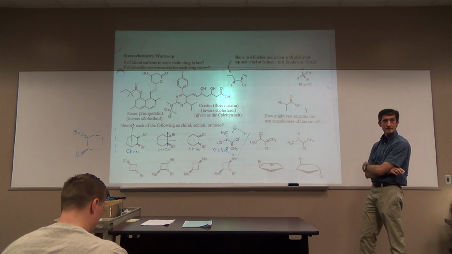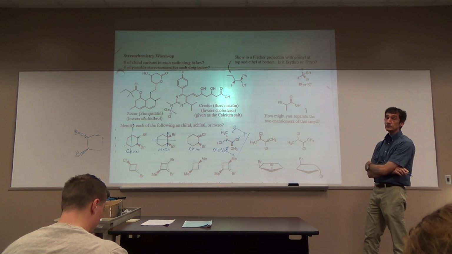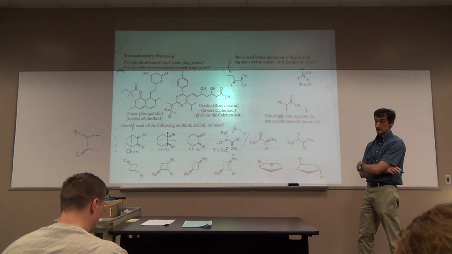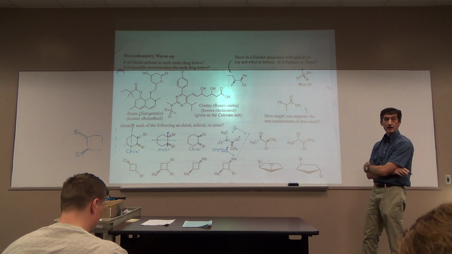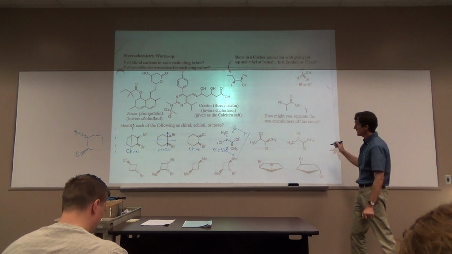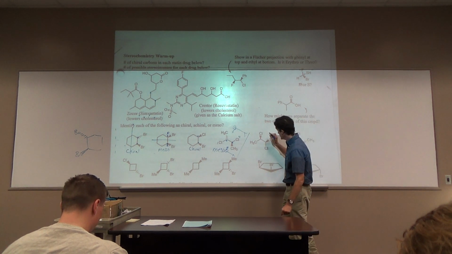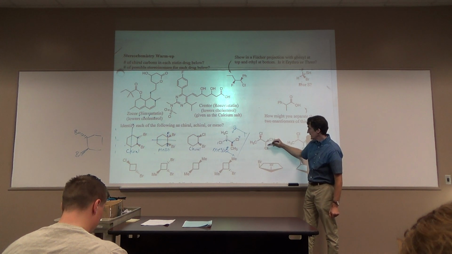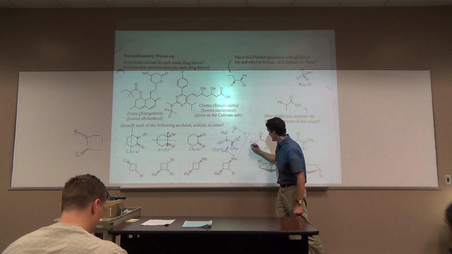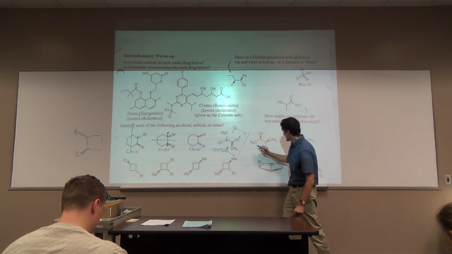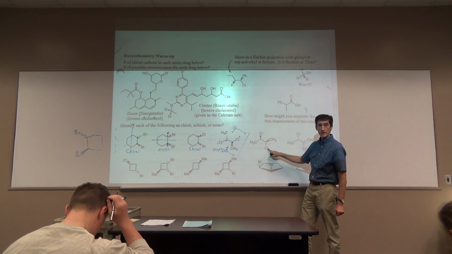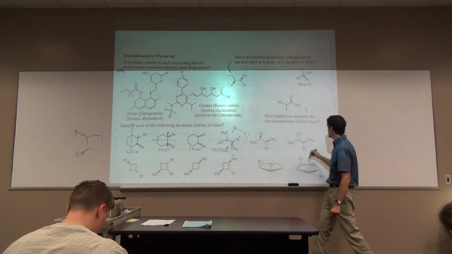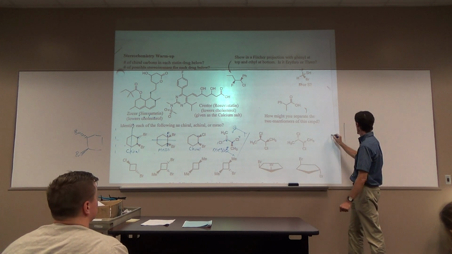Somebody have an answer? I think this one we're going to have to rotate. I'll show you how to rotate. You say meso? Okay. Let's do it here. One chlorine is in the plane, the other one is not. Well, that's okay. We can put methyl at top. Methyl at top, chlorine at bottom. Things in the plane are easier to put at top and bottom, right?